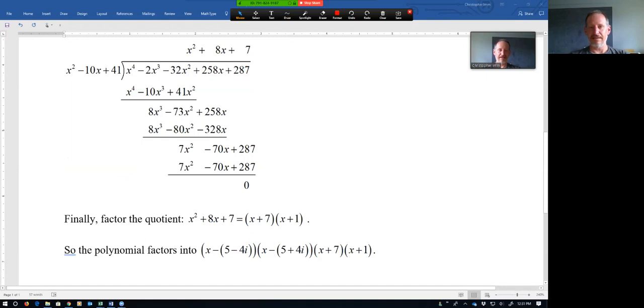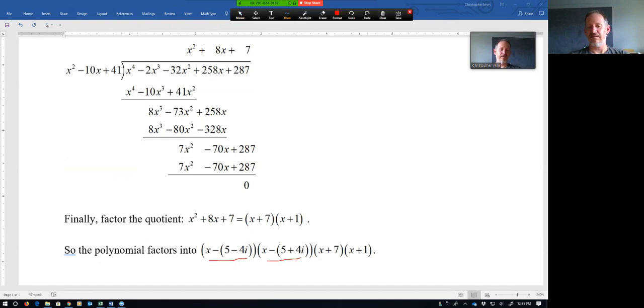The last thing I need to do is factor out this polynomial. So my x squared plus 8x plus 7 factors into x plus 7 and x plus 1. And I will have my polynomial factoring down into my x squared minus 10x plus 41. But these were the two real and complex zeros I had multiplied together.